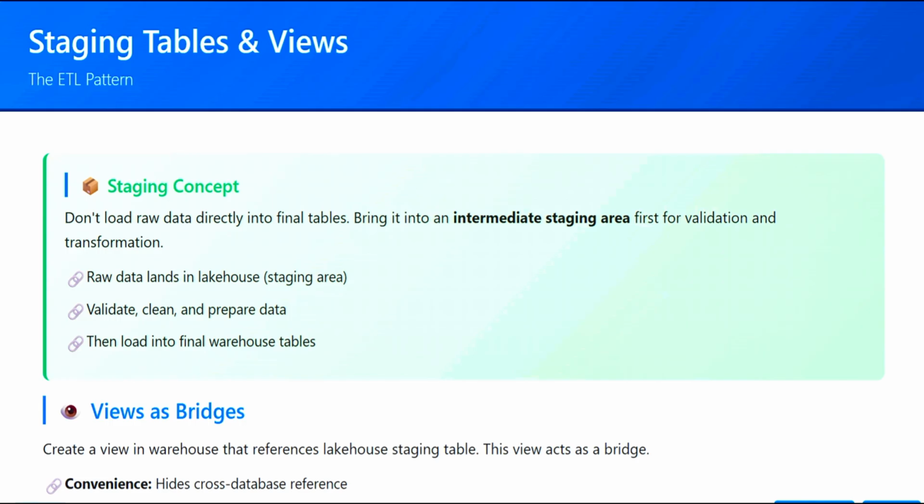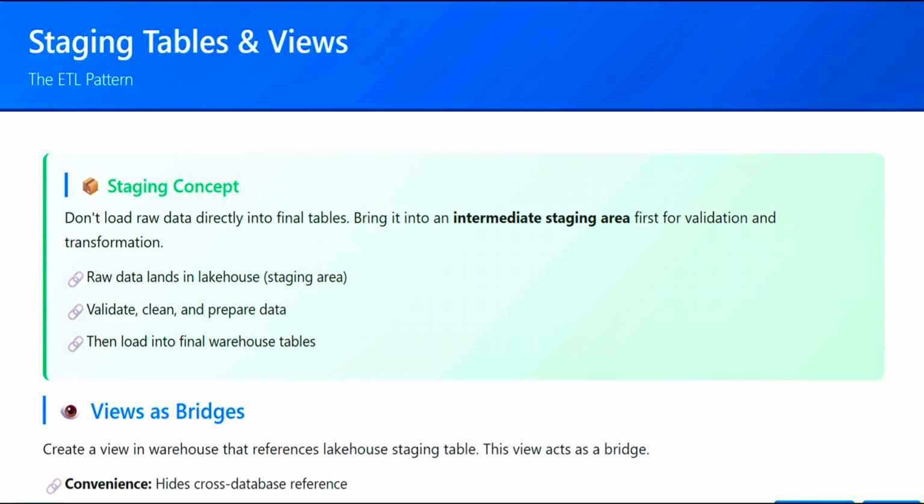You bring it into an intermediate staging area first, where you can validate it, transform it, and prepare it for final loading. So in Fabric, that staging area can be our lakehouse.